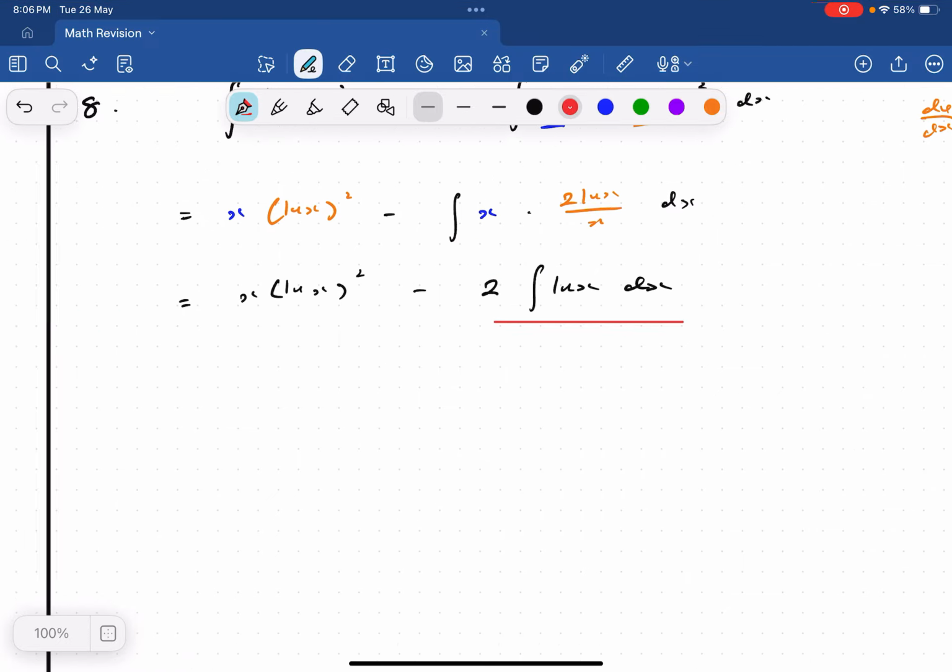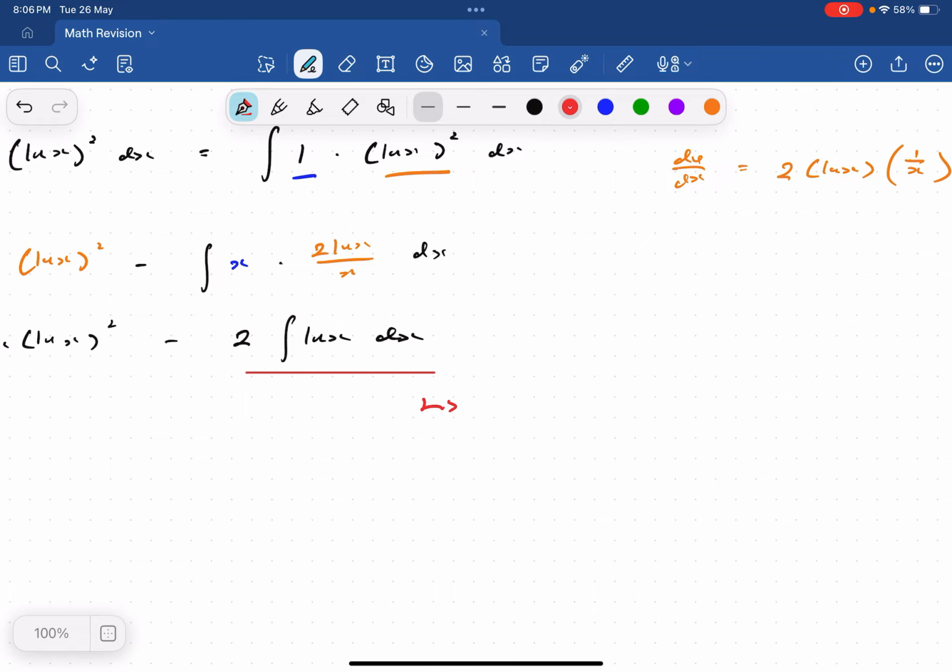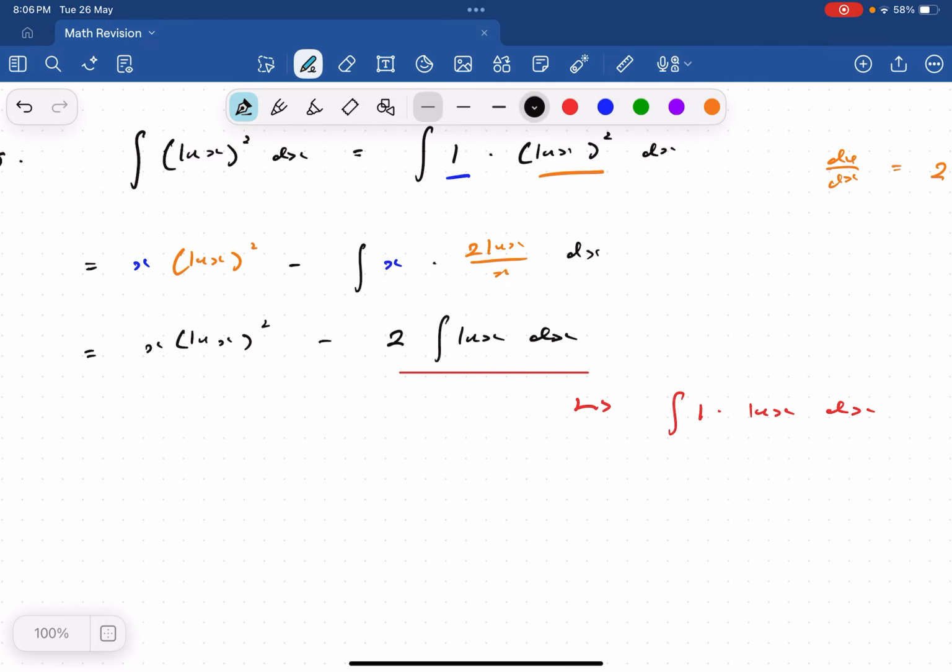Because I can just express this as 1 times ln x, and then I can apply the same thing all over again. So I will leave you to figure out how to do that. But basically, yeah, I'm skipping a lot of steps now because this is the 4th episode. We should be a lot more familiar with this math than we were at the beginning. So there are some things I'm not going to show you. I'm not going to hold your hand as much as I did 4 episodes ago anymore.